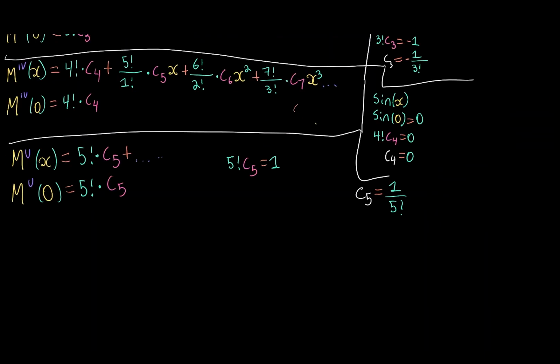All right, I think we collected enough data. We've done enough examples. So let's write down what we've learned. So C0 was equal to 0. And C1 was equal to 1.